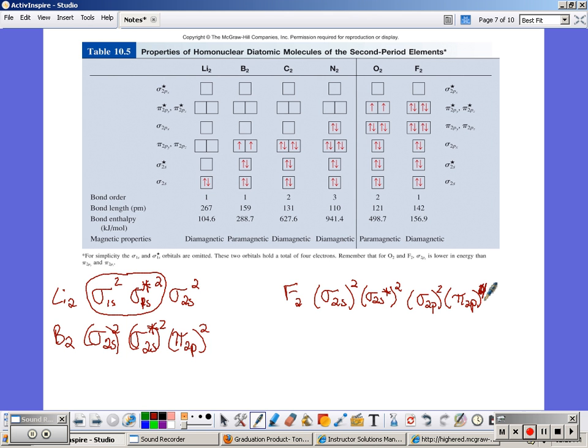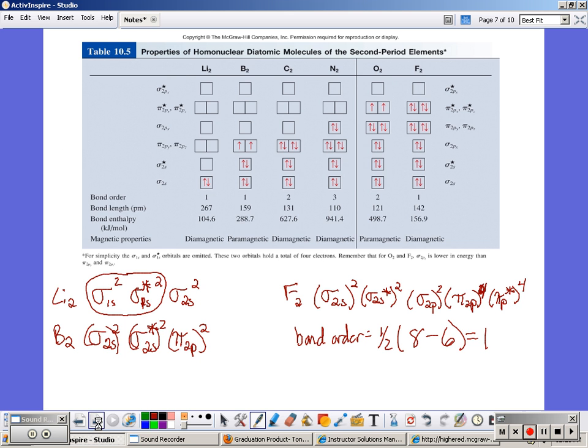And then we have the anti-bonding pi to the fourth. So if we want to calculate bond order for F2, we would say 1/2 bonding 2, 4, and 4 make 8, minus the anti-bonding 2 plus 4 is 6. So 8 minus 6 is 2 times 1/2 gives us a bond order of 1. So that is a stable bond.